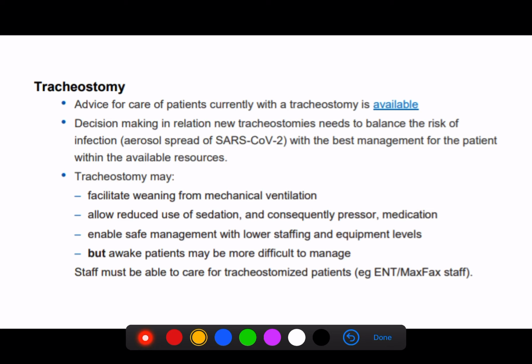Tracheostomies are contentious. There's quite a lot of information available, and I'd recommend reading the guidelines themselves because they give hyperlinks to lots of useful resources. I think you have to think about when to put a tracheostomy in, and the honest answer for me is I have no idea when the right time is.